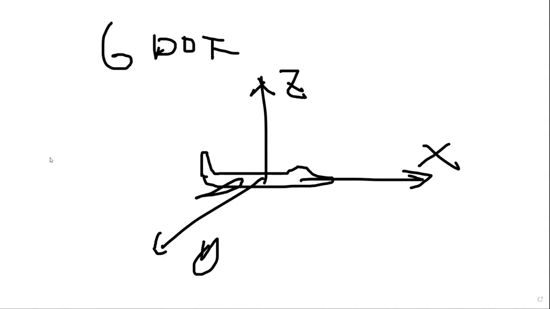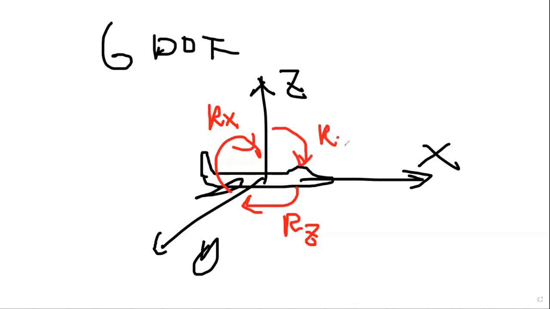There are also 3 rotations: an RZ rotation, an RX rotation, and an RY rotation. So this is the so-called 3-dimensional degree of freedom on an object. These 3 are called pitch, roll, and yaw.